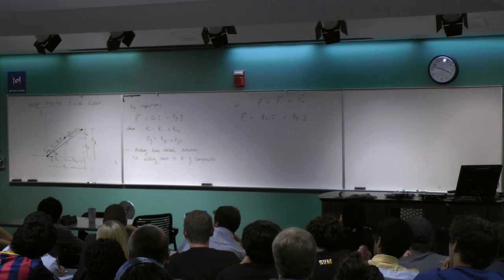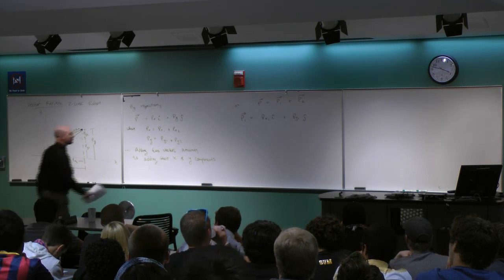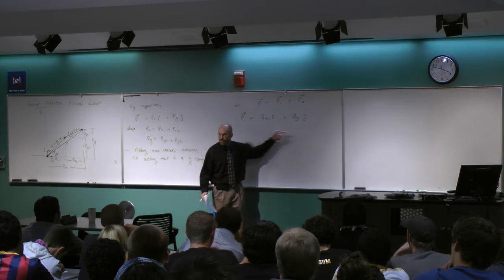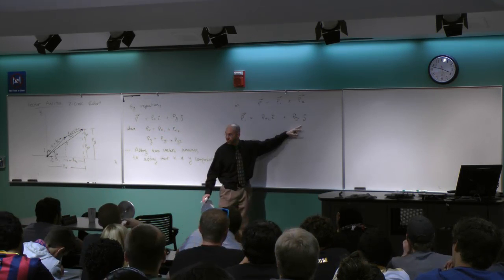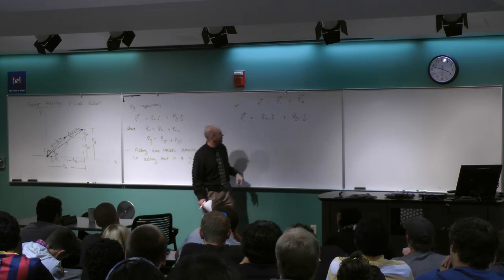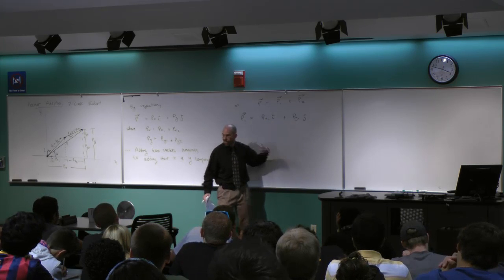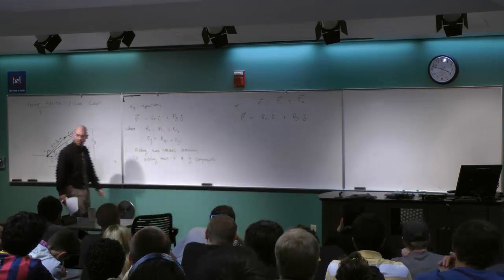The i is one slot, the j is another slot. They have physical meaning. The i means it's pointing in the x direction. The j means it's pointing in the y direction. But the physics is the number, the component, px1, py1. That's the physical quantity. That carries the units.